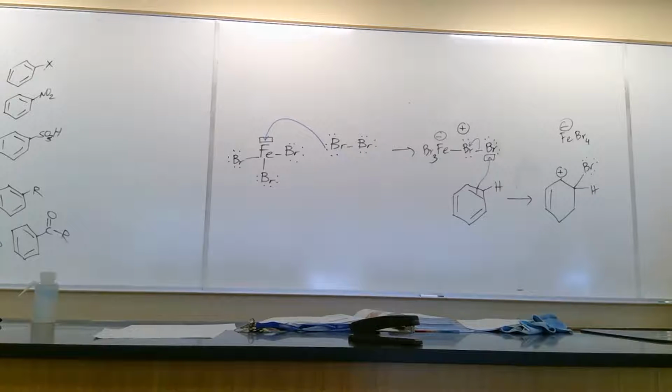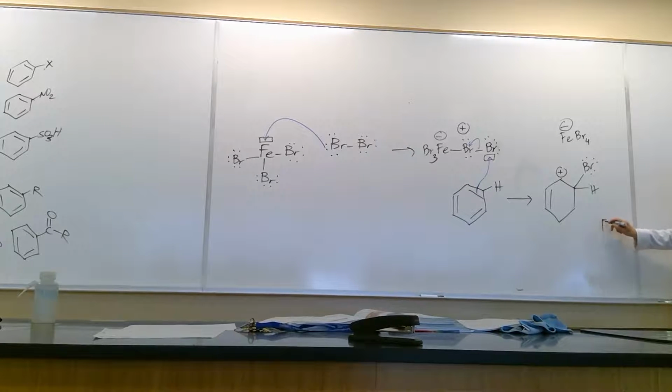Okay, so what happened next? What's the second step? This was the hardest one. What's the second step? Elimination. So what's going to eliminate the H? FeBr4 minus, the H will go with the Br and it takes off. So we can show it here.